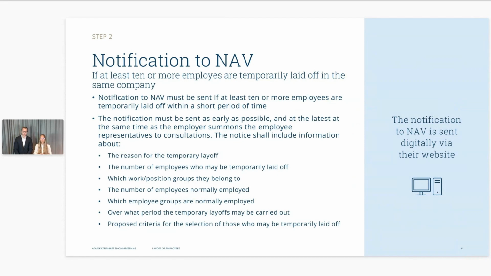The notification to NAV shall be sent as early as possible and no later than at the same time as the employer summons the employee representatives for a consultation meeting. There are a number of topics that the notification to NAV must contain, which we have listed in this slide. But NAV's digital message also specifies the information that must be provided in an educational manner.